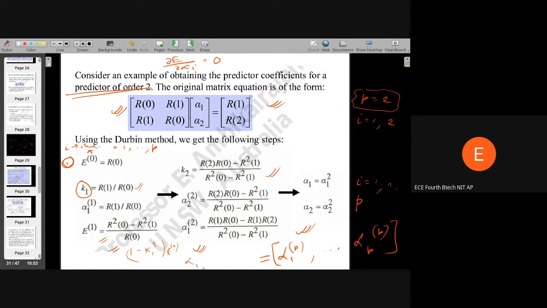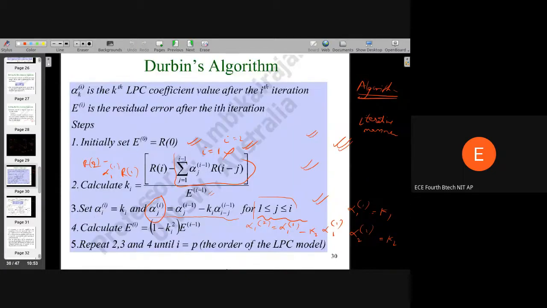It is a simple example, but these are your steps of the Durbin's algorithm, and with this, without taking inverse, you can use the properties of the Toeplitz matrix to get the solution for LP analysis.